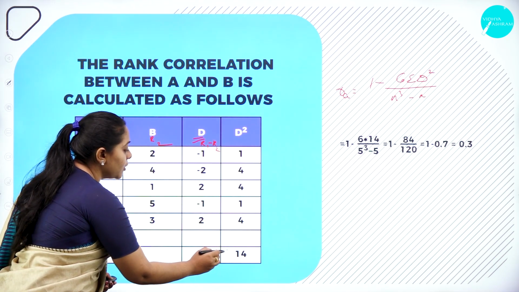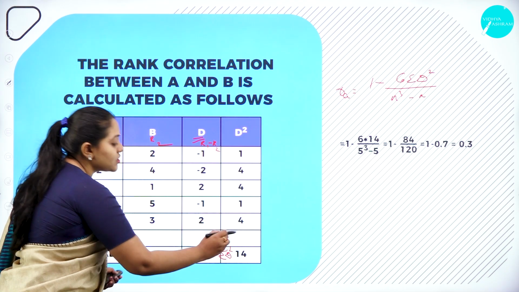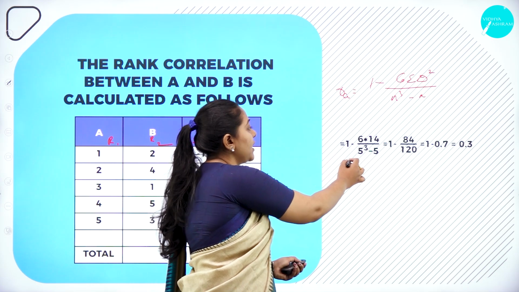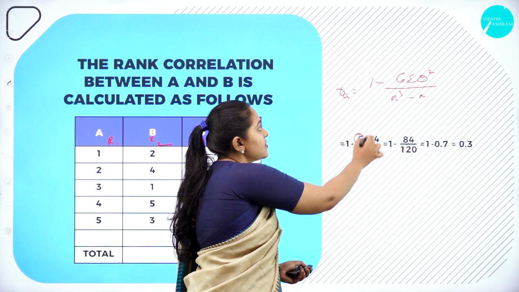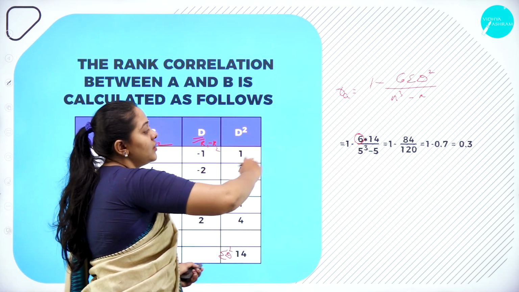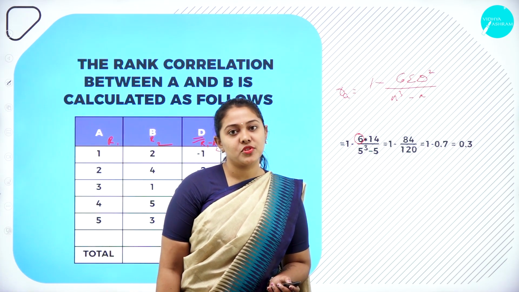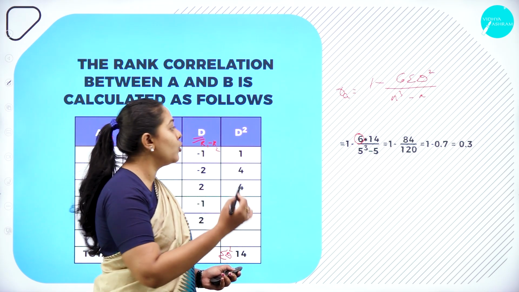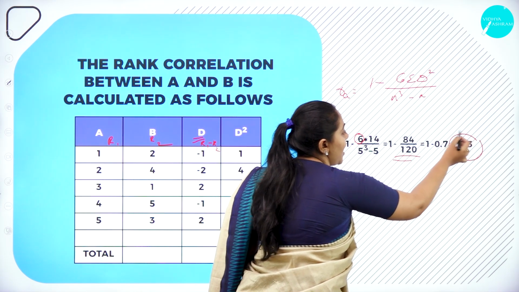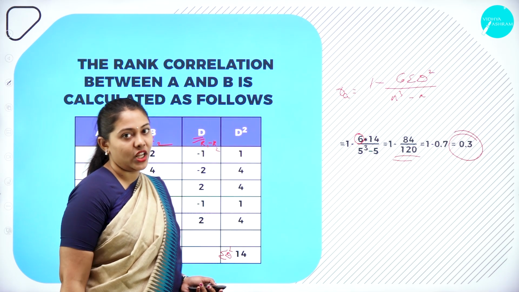So you will get sigma d square as 14. So what we are doing? We are substituting the value 1 minus 6, as it is, we are writing sigma d square, 14, divided by the number of observation 5, that is 5 cube minus 5. If you substitute the value, you will get the answer 0.3.